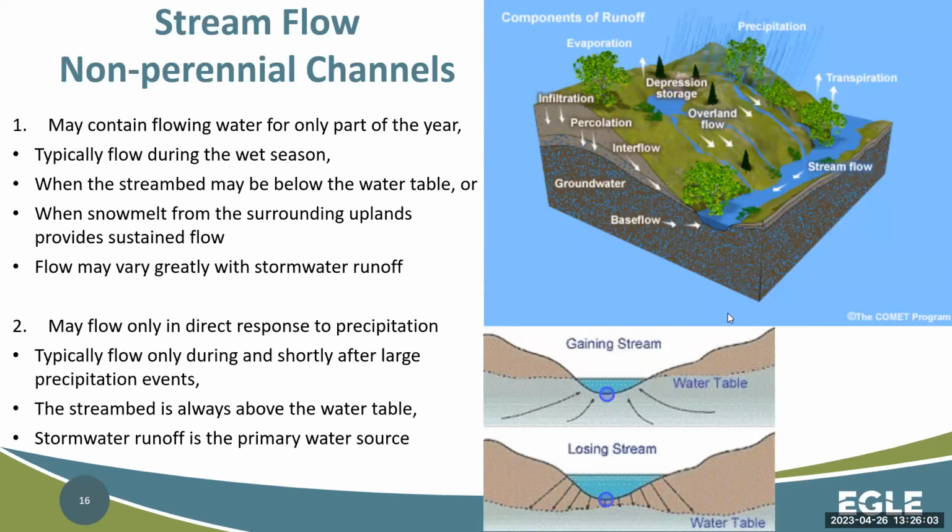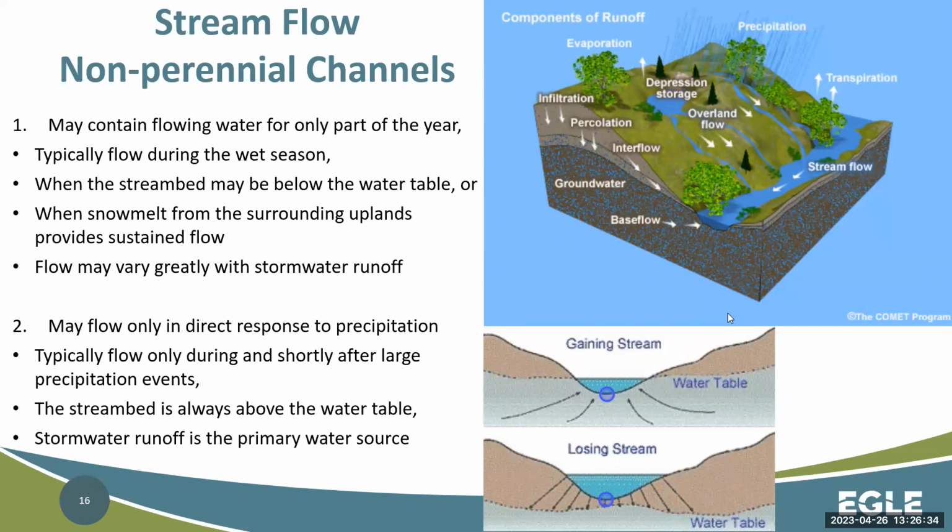So you may have a little bit of flow and then you get rains and it increases the flow. Other non-perennial channels may flow only in direct response to precipitation. So they may typically flow only during and shortly after large precipitation events. The stream bed may always be above the water table and stormwater runoff is the primary water source.